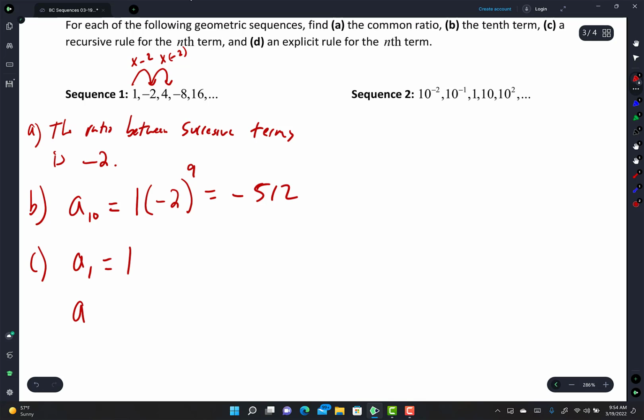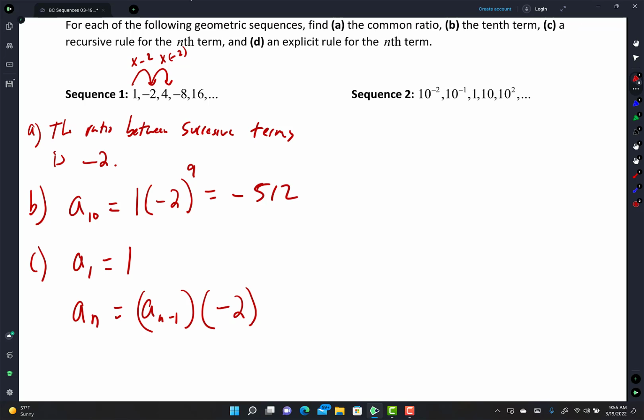And then A of n has to be what? We multiply everything by negative 2, right? So it's going to be A of n minus 1, put this in parentheses, times negative 2. And if you want to put the 1 in front of that, you can. But there it is. How do we feel? For n greater than or equal to 2.